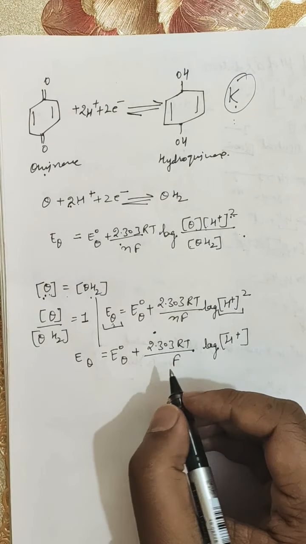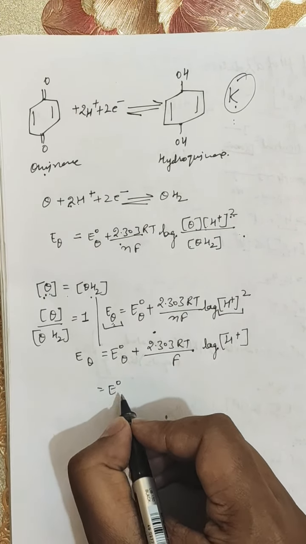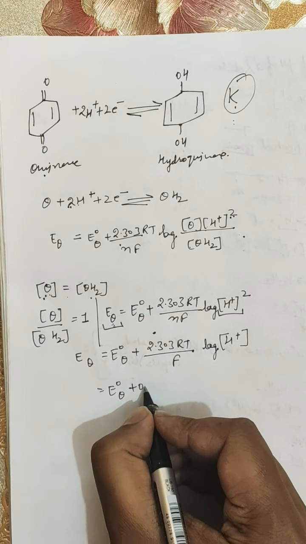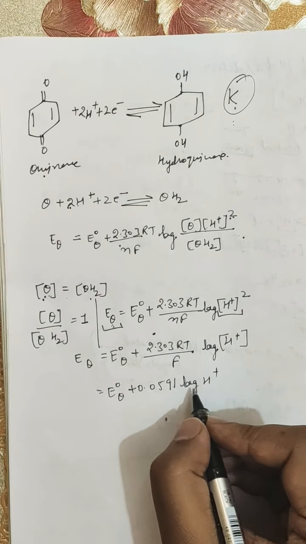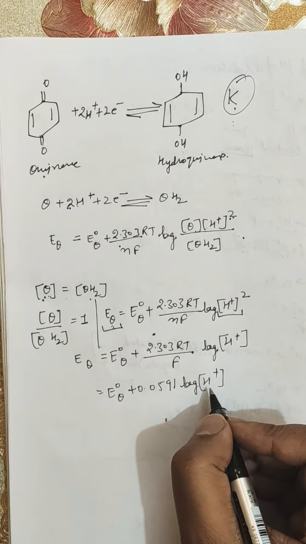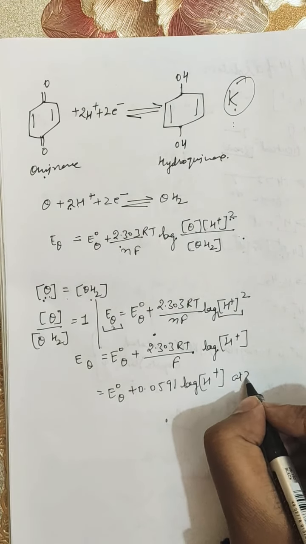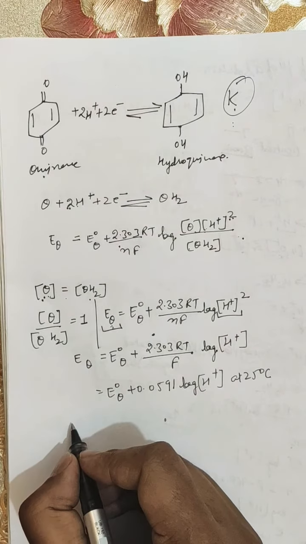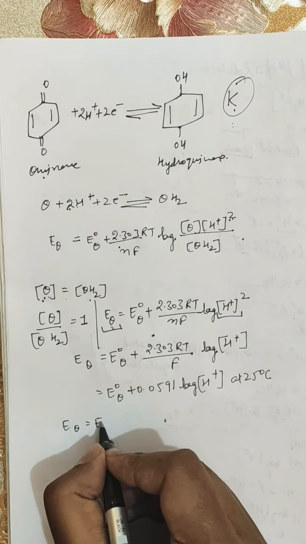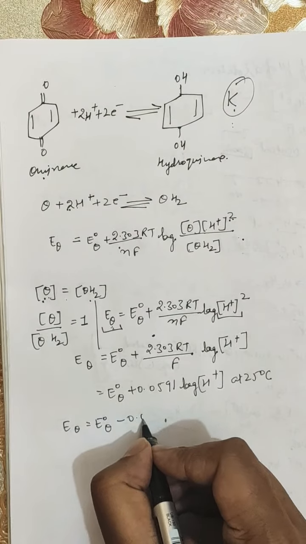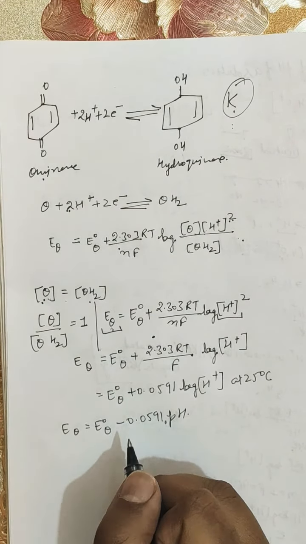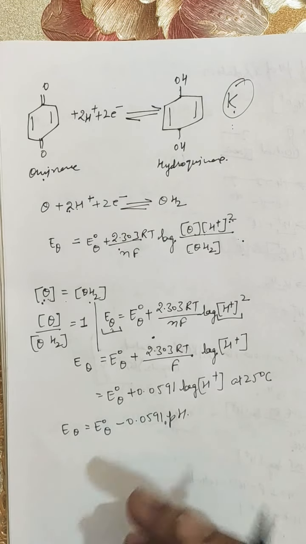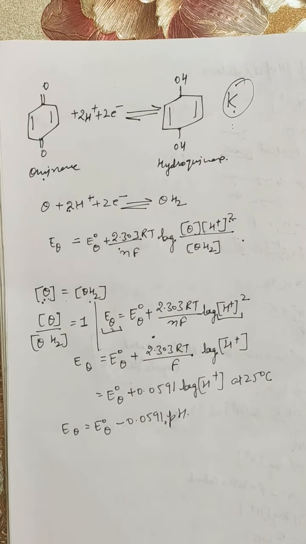Further it becomes equal to E naught Q plus 0.0591 log of H positive. This concentration of protons gives us the pH of the solution at 25 degrees Celsius. So EQ becomes equal to E naught Q minus 0.0591 pH, and further pH can be calculated from this equation.